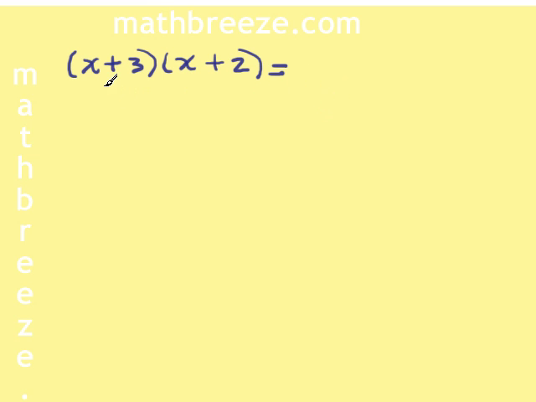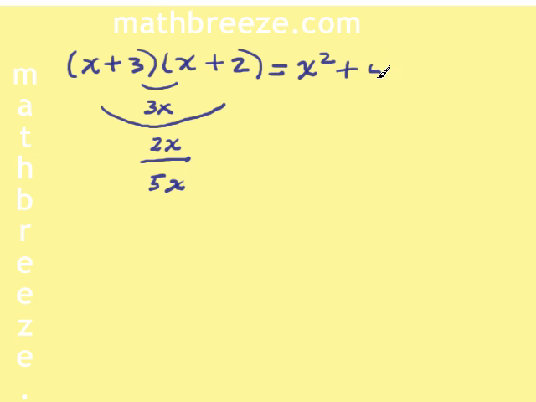First we're going to do first times first, that's x squared. And then we'll do our outer and inner products. Here we have 2x, here we have 3x, and these sum to 5x. And then last times last, 3 times 2, that's 6.